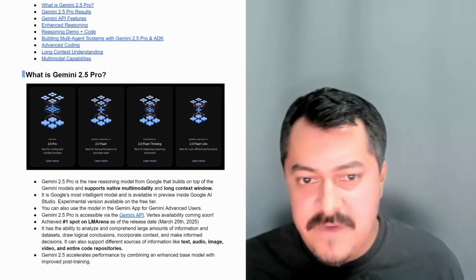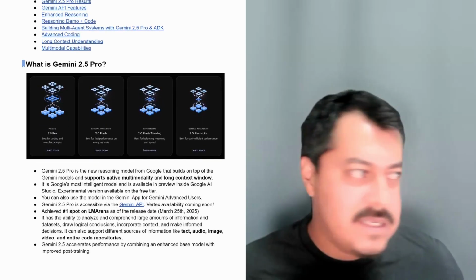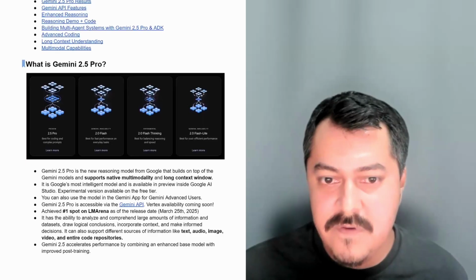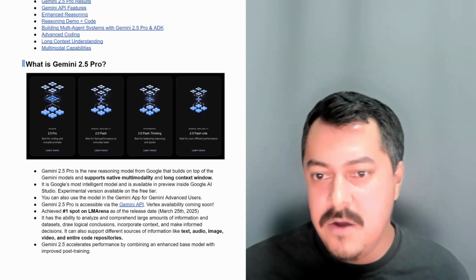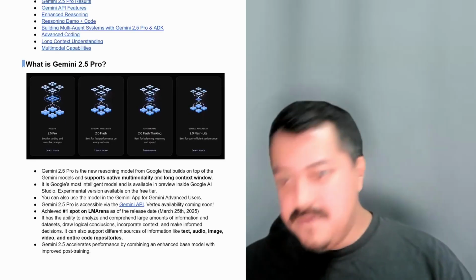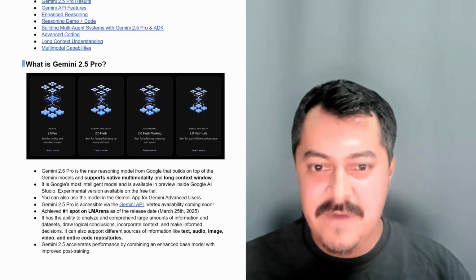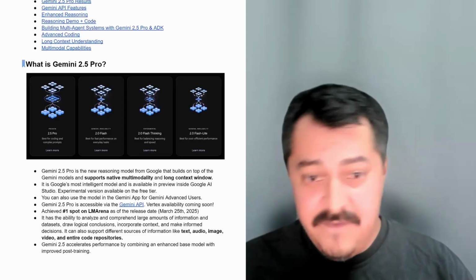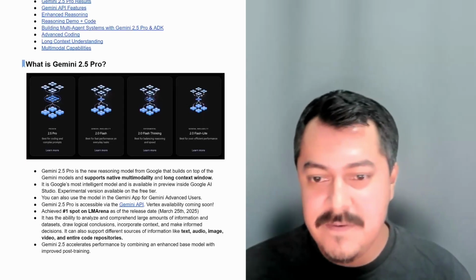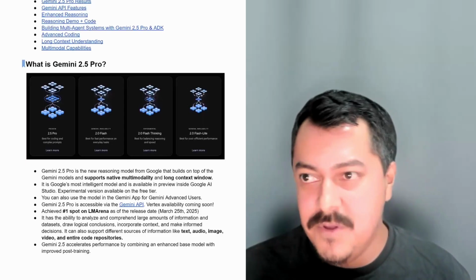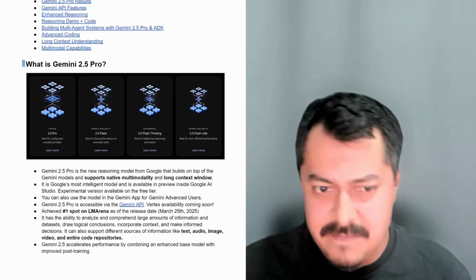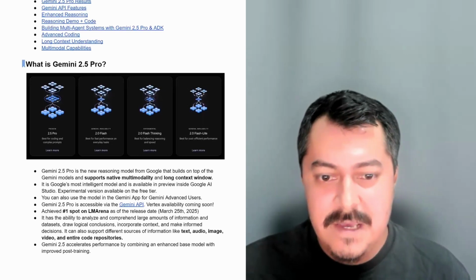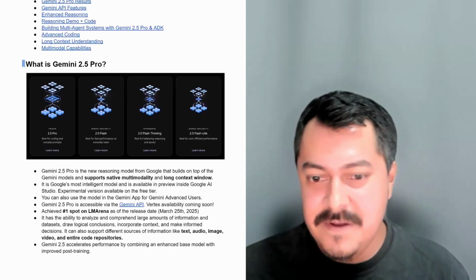So what is Gemini 2.5 Pro? It's a new reasoning model. It is considered the thinking model of Google and supports native multimodality and a long context window. What I found really interesting about Google's strategy very early on is that they have always been focused on long context and also multimodal capabilities, meaning that the first version of Gemini, when it was released, was already multimodal from the get-go.